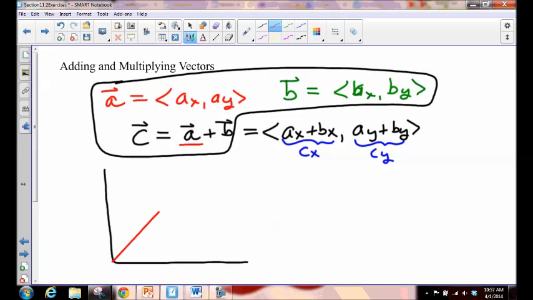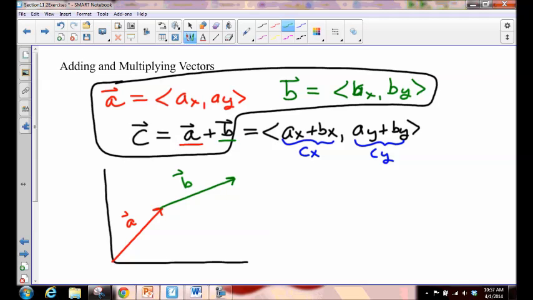So I'm just going to draw my vector A here. And then, as long as I keep the direction and the length of my vector the same, I can move it anywhere, so I'm going to draw my second vector, vector B, at the tip of my first vector. So I'm going to draw vector B out that way.